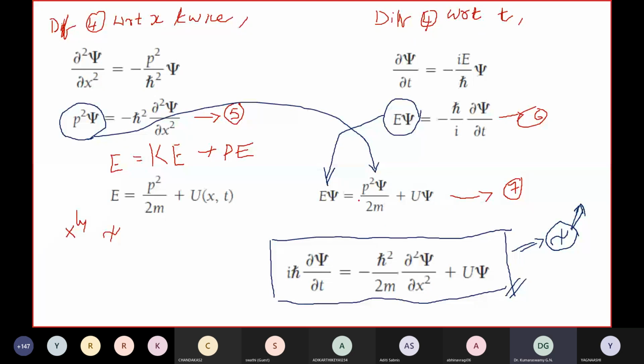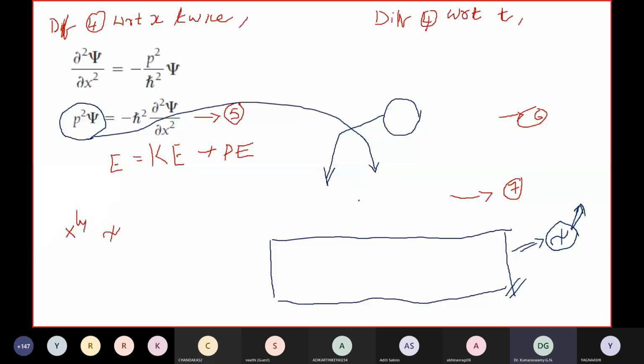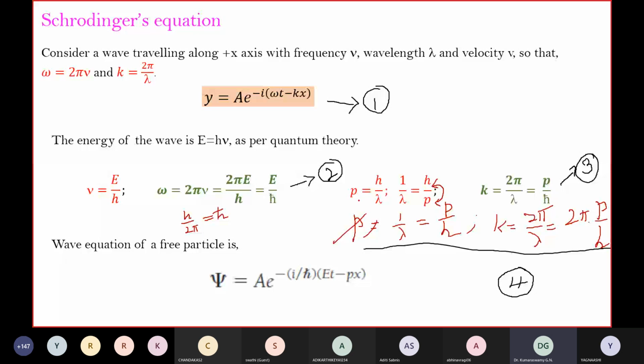In the previous slide, we have taken the equation to be time dependent as well as position dependent. But if the potential energy is only position dependent, such as an electron revolving around a nucleus, depending on whether it is in the first, second, or third orbit, its energy changes.